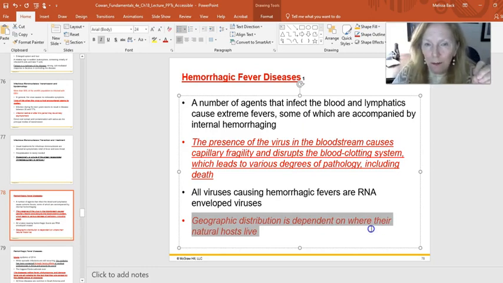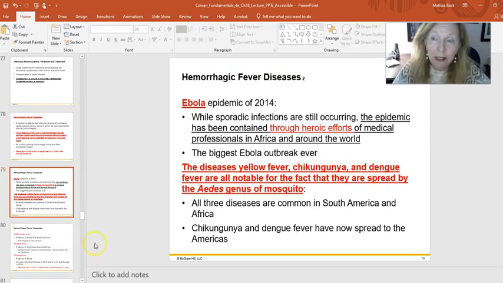So we're going to talk about a few of these. And we understand that what happens is this virus, when there's a viremia event happening, causes those capillaries to become fragile. And the blood clotting systems are also affected. So this is what can lead to such devastating kinds of hemorrhaging, bleeding out because of these viruses.